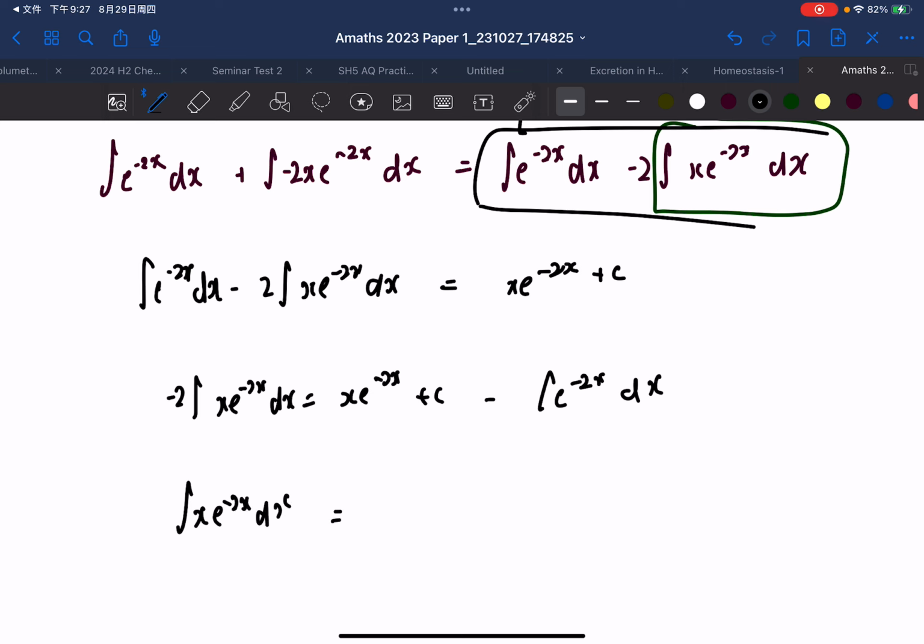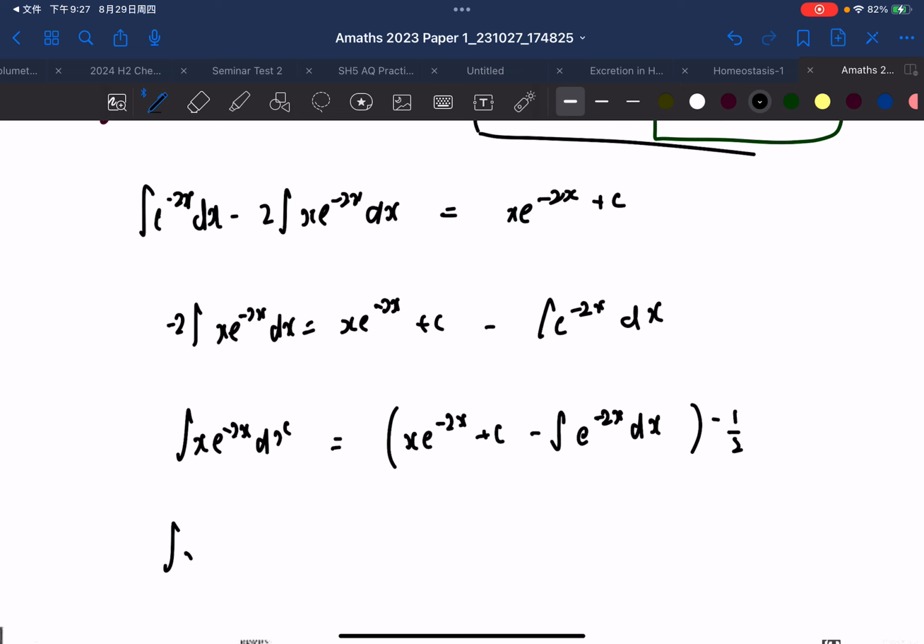It's actually equal to x e negative 2x plus c minus the integration of e negative 2x dx, whole thing divided by negative 2. So the final answer will be this minus or plus, because why?